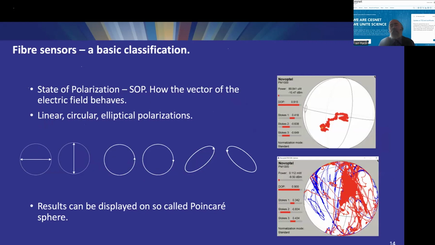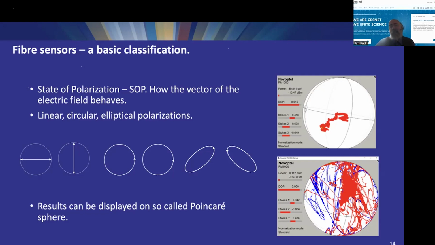Okay, this is just a different picture than with OTDR, because state of polarization describes how the vector of the electric field behaves. It can be tricky a little bit, at least for me. And we have this linear, horizontal, vertical polarization. Then we can have circular and elliptical. It can rotate this vector clockwise, counterclockwise.